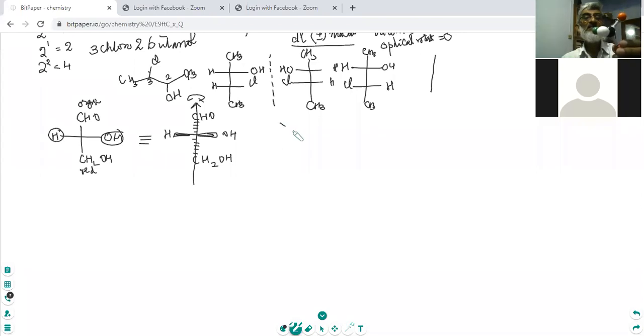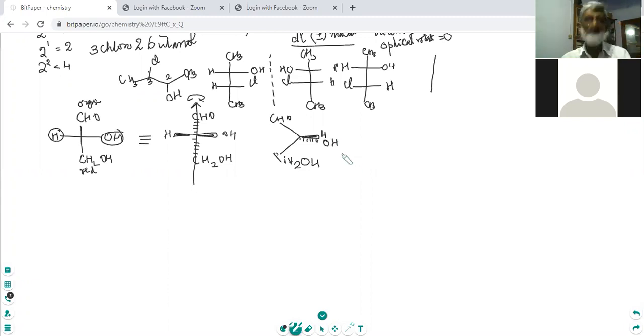See, you got the CHO on the top, CH2OH down, and now you have this and this, hydrogen pointing towards you, and OH pointing away from you.